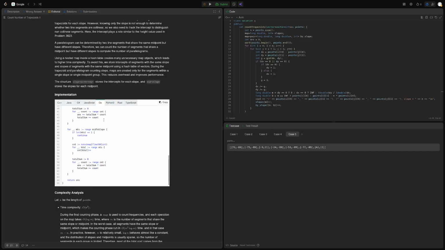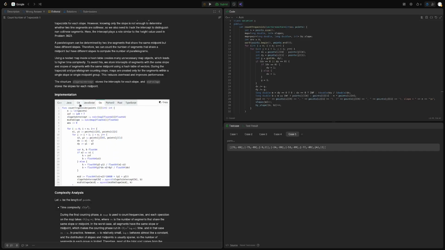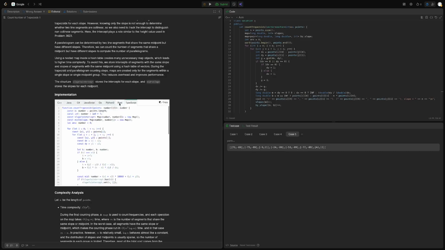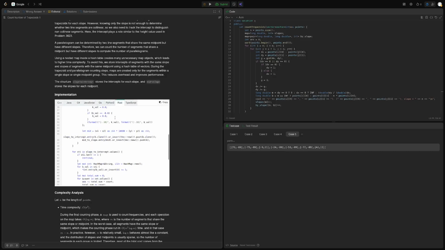It's probably just AI translation or something. This should not be hard to translate into any language. Rust, Leetcode, but this is Leetmeet. Entry K clone or insert vec new push B clone.